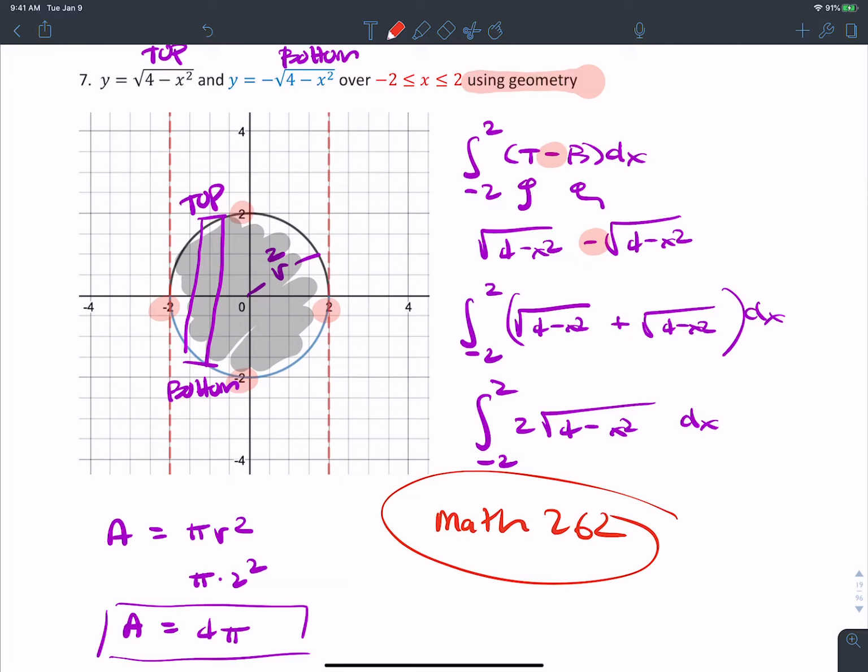You know the area of a circle formula, pi r squared. So that's why they said use what here? Geometry. But it can be done by calculus. You just have to wait for the next course to see techniques for how to integrate this. It's called trigonometric substitution. This is one way. Another way would be to convert this to polar form, and we'll do that too. So stay tuned.